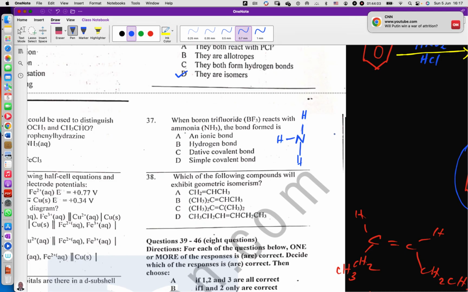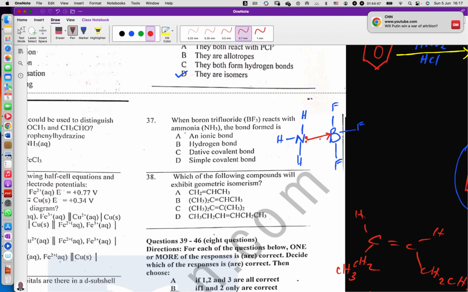This is boron. There is a lone pair of electrons here that can be donated here. In that case, I call this a coordinate bond.